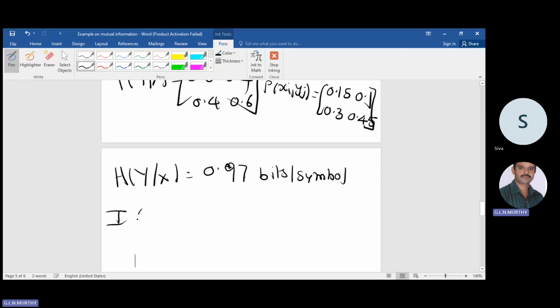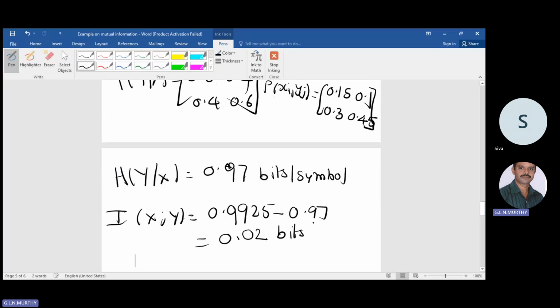Finally, the mutual information I of x semicolon y equals 0.9925 minus 0.97, which equals 0.02 bits per symbol. This is your mutual information for the given problem.